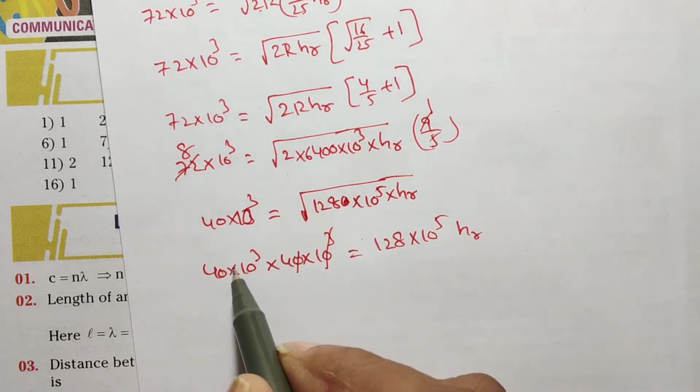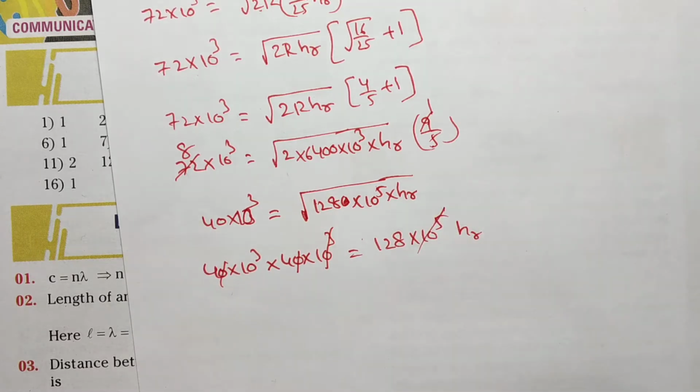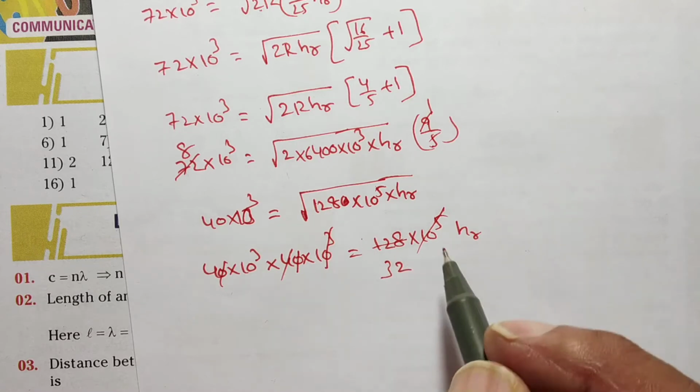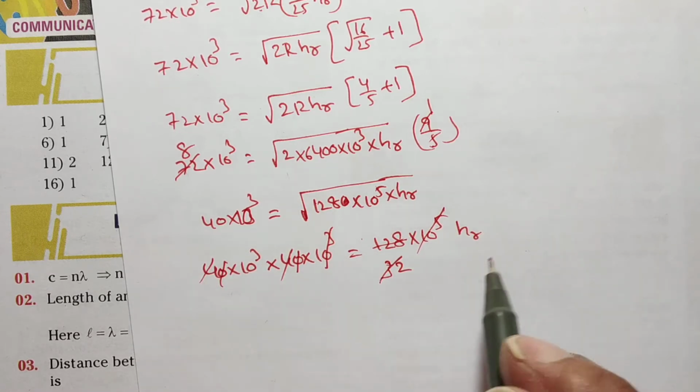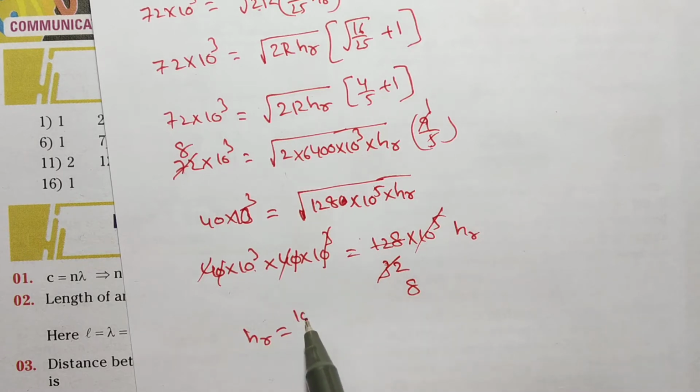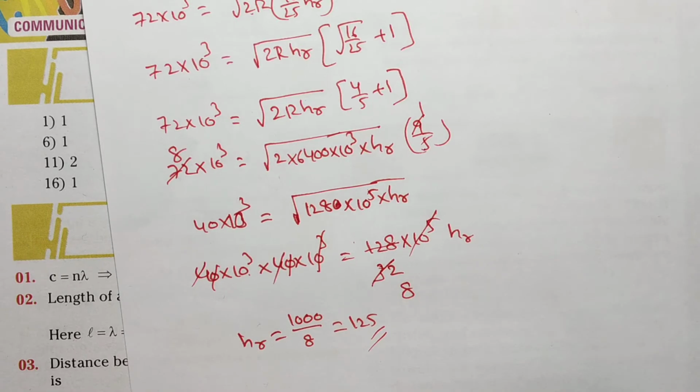The 3, 4, 5 get cancelled. 4 ones are 4, 4 threes are 12, 4 twos are 8, so 128. Now HR equals 1000 by 8, so we get the HR value as 125.